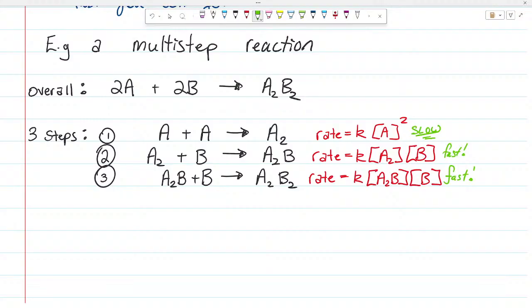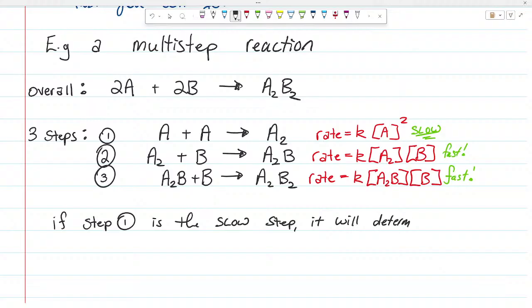Does that make sense? If step 1 is the slow step, it will determine the overall speed of the reaction.